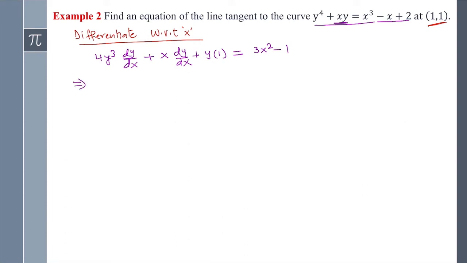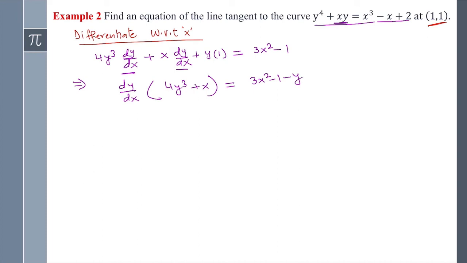So let's go ahead and simplify this. Actually, we need to solve for dy/dx. So what we do is factor out dy/dx. Now we have 4y cubed plus x, and then we have this plus y equals. Actually, we can move that y to the other side, so it equals 3x squared minus 1 minus y.